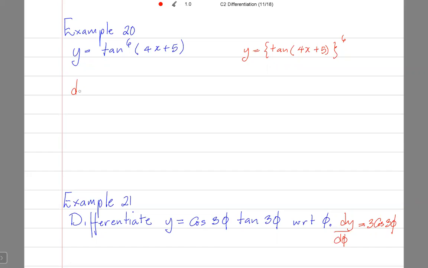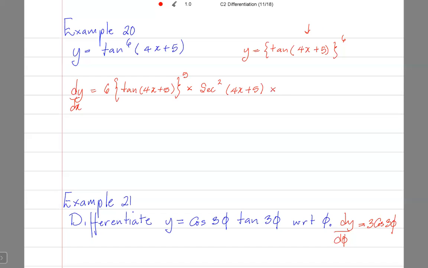So I would say dy by dx, differentiate the outer function, so the 6 comes to the front. In brackets, I will still have tan of 4x plus 5. The power decreases by 1, so the power becomes 5. Then I have to multiply by the differential of the inside function. When you differentiate tan, you're going to get sec squared of 4x plus 5.